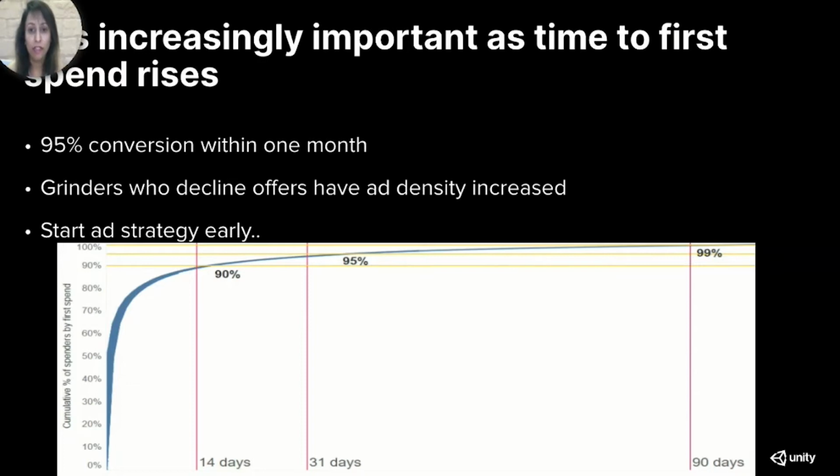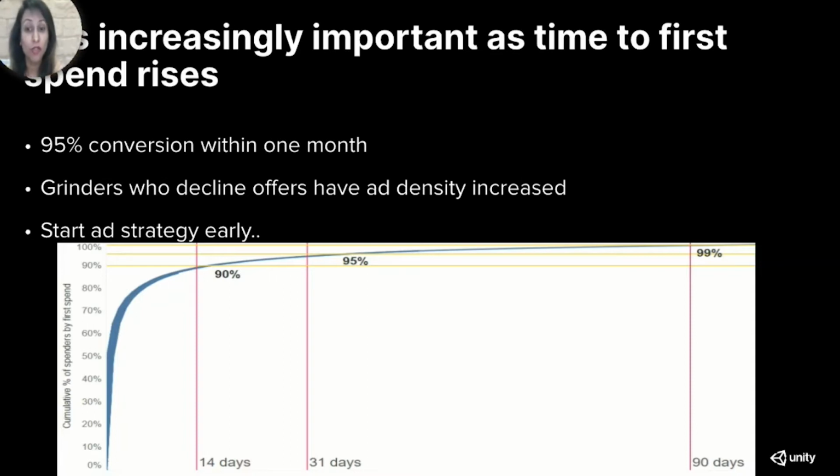So if offers are declined, we evaluate why the offer was declined. Was it the wrong bundle? Was it the wrong timing? Was it the wrong targeting? If we think through different interventions, get the right offer to the right players, and it is still declined, then we learn from that. We can then increase the ad density on the basis of the declines in the in-app purchase offers.